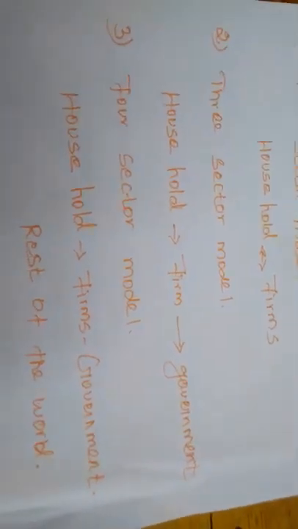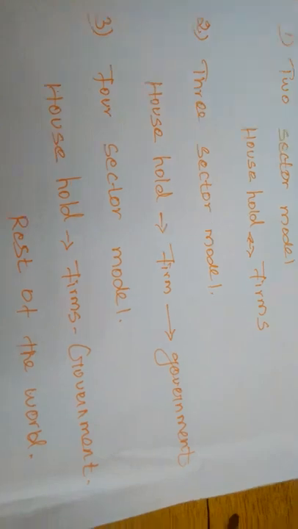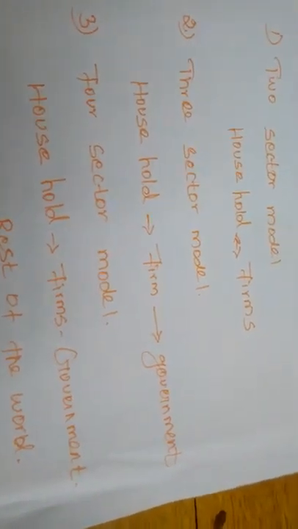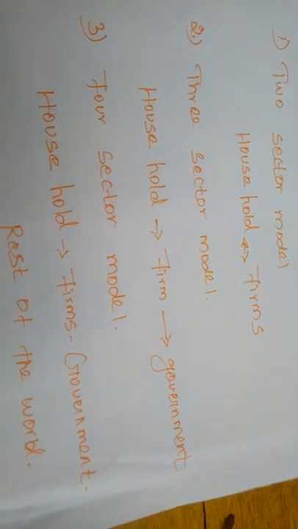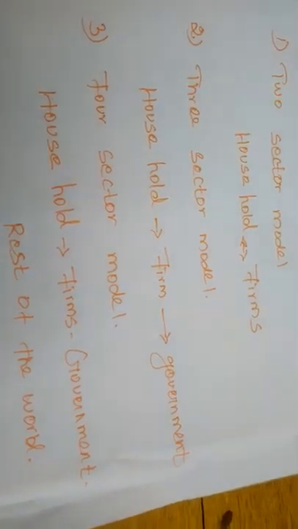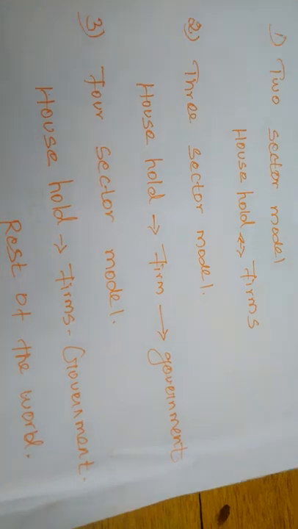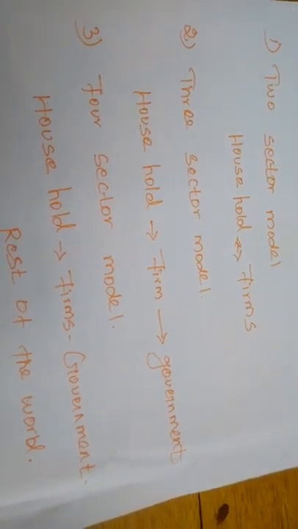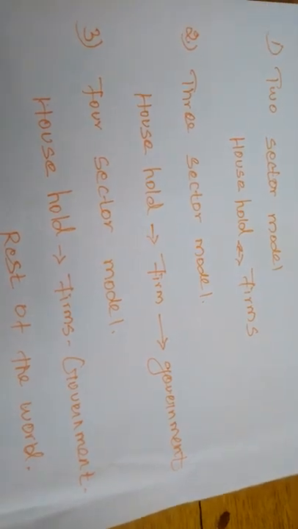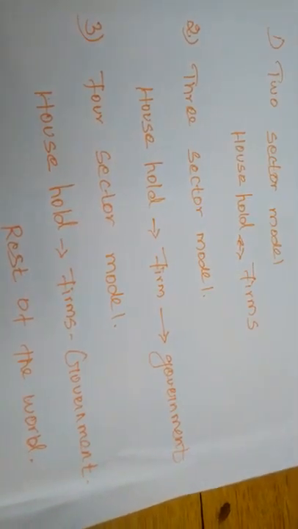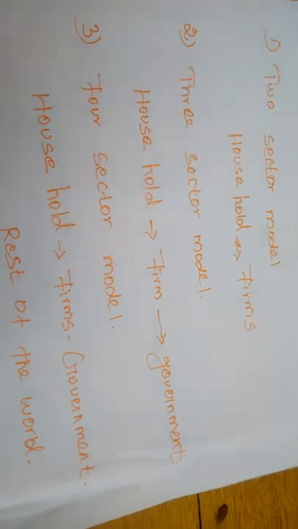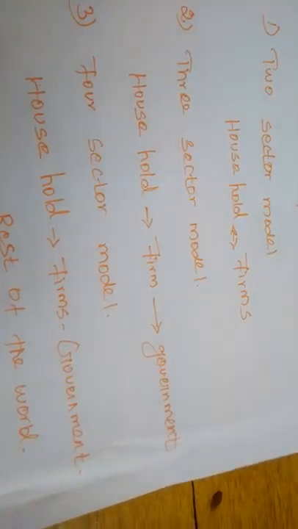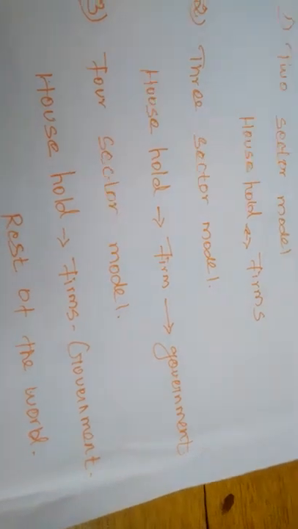All the persons and all the houses are considered as a society, so the family in a society is considered as a household. Why is the household considered the basic sector? Because whatever factors the other sectors need come from the household only.